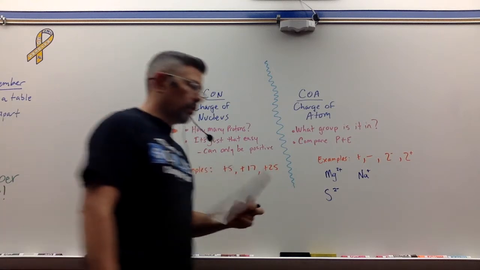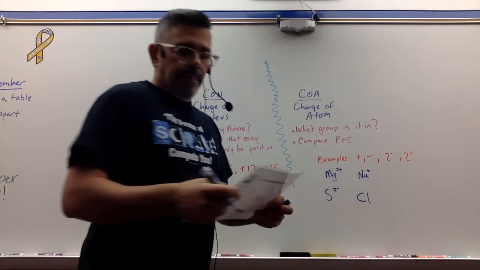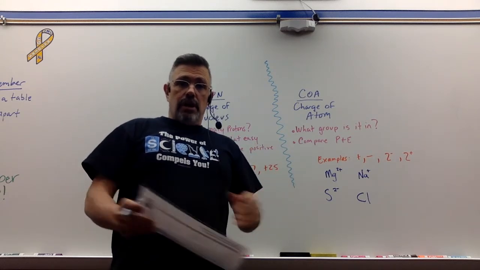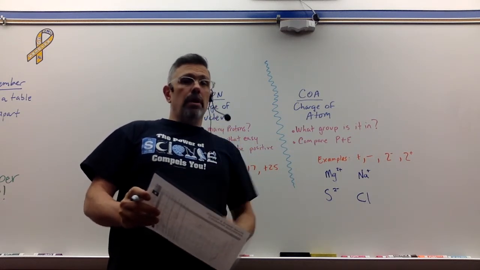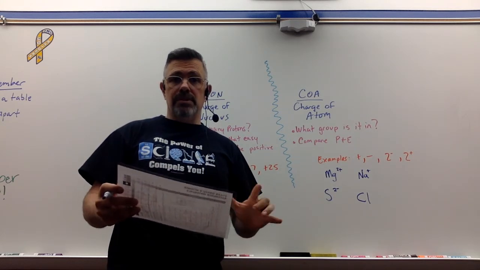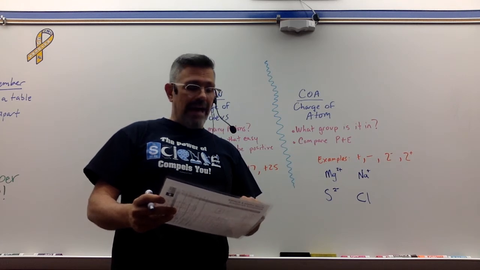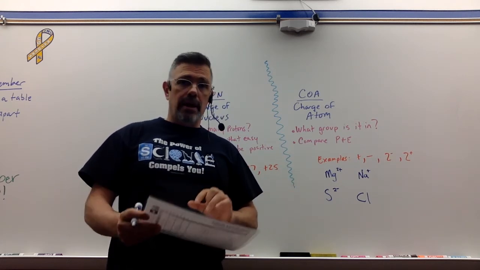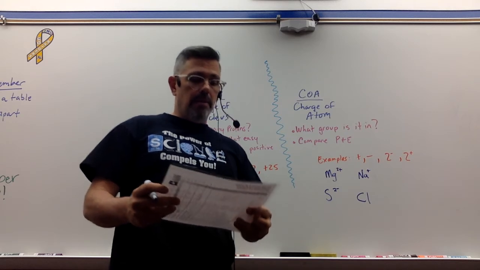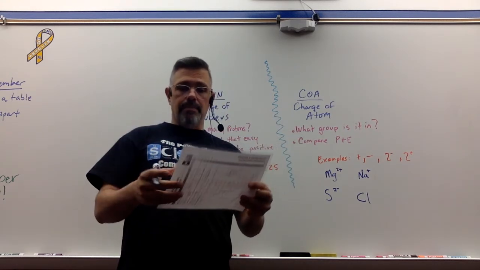And chlorine, Cl, has 7 electrons in its valence shell. It's in group 7. It just needs 1 more to become full, to have a full octet, to become stable. So it will react with sodium, for example, and make a salt compound.